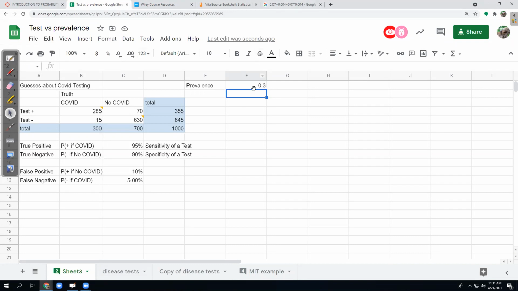All right, so that's prevalence. So the prevalence rate I'm using here is 30%. So we've got to have a prevalence rate or have some numbers given to be able to talk about disease testing.